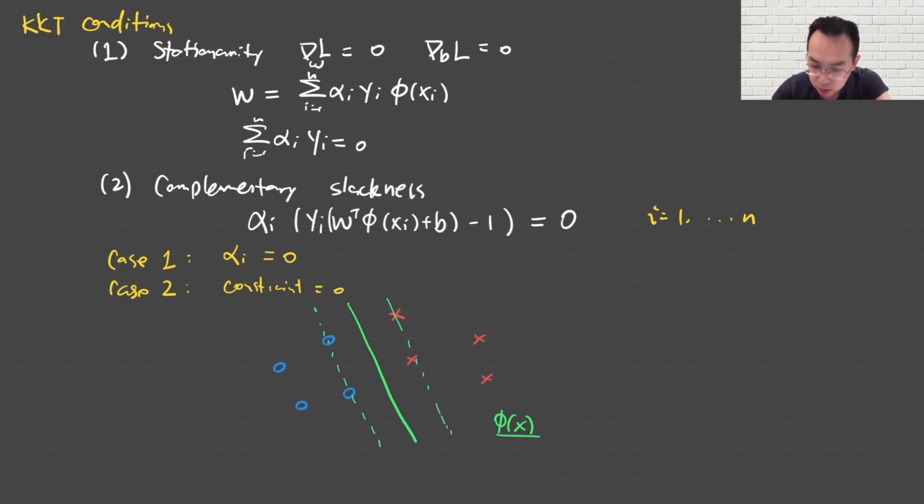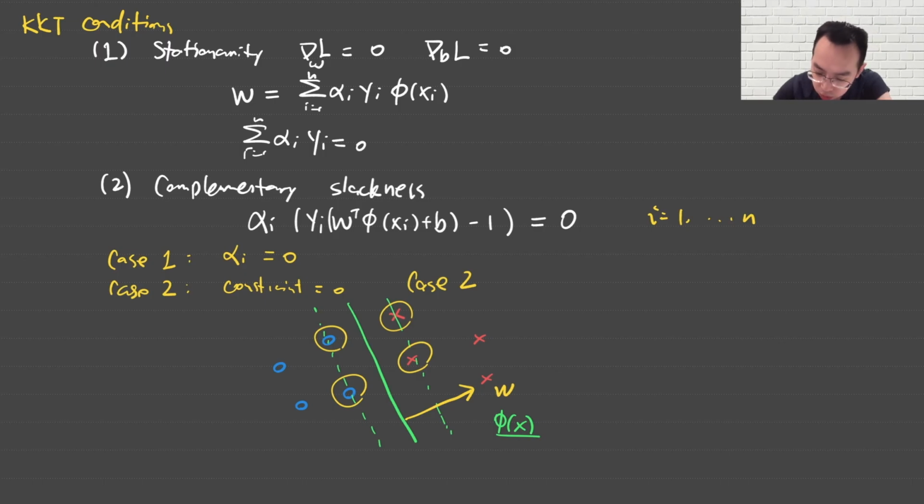Here you see that when the second condition holds, what does it mean? It means that the data points lie exactly at the boundary. So for these 4 points, that's the case 2.